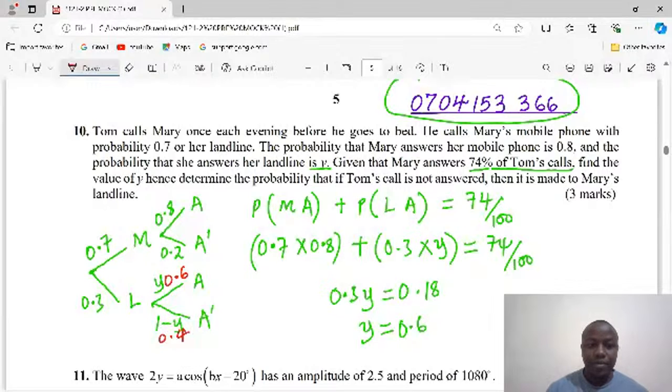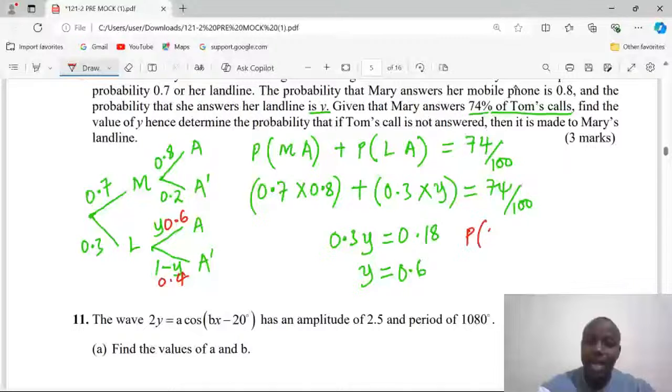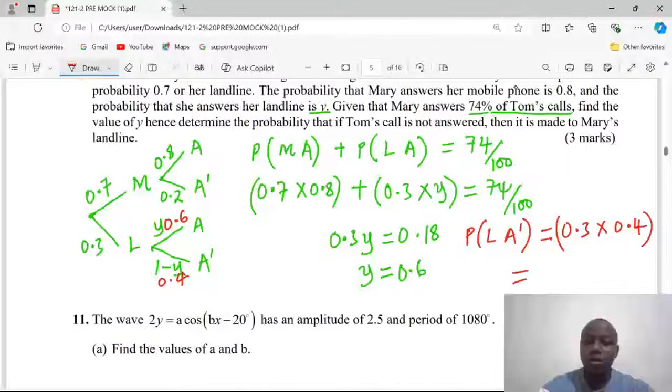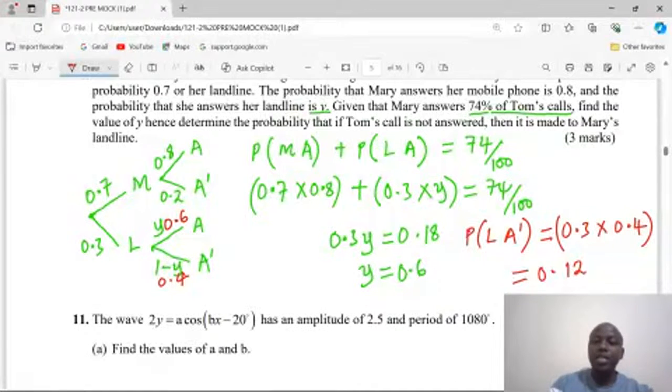So the probability that the call is made through the landline and not answered: we should talk about probability, landline, and not answered. So we'll have 0.3 multiplied by 0.4, and this is going to be 0.12. So that is the probability that was required.